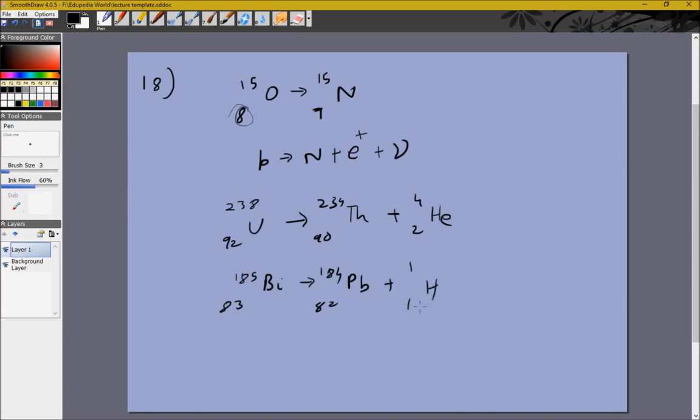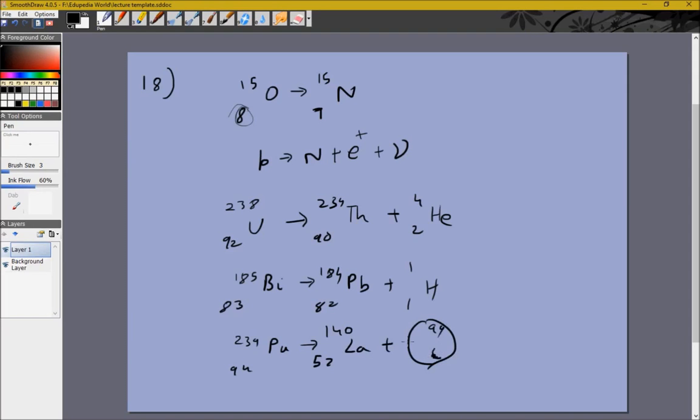So 1 1 H is left. Right. And finally you have 239 94 Pu goes to 140 57 La plus something else big, something like this will be 99 and this will be something, so another big thing.